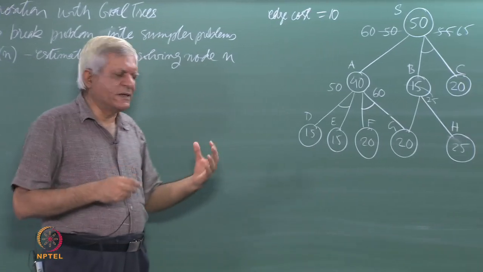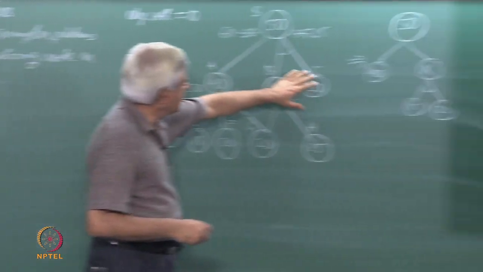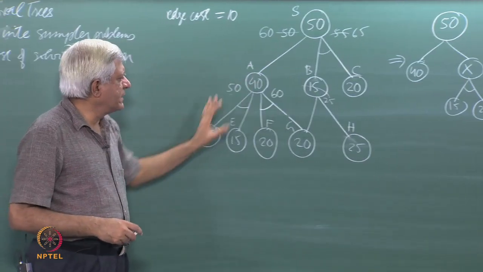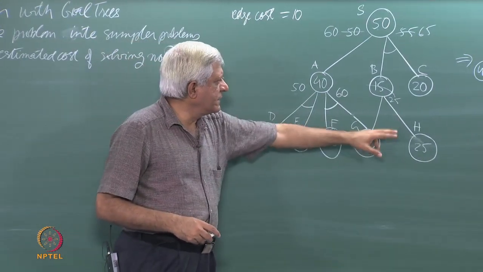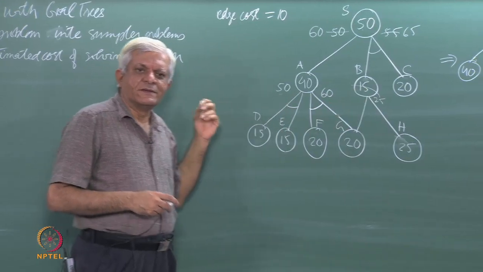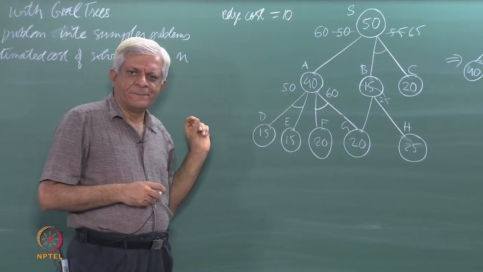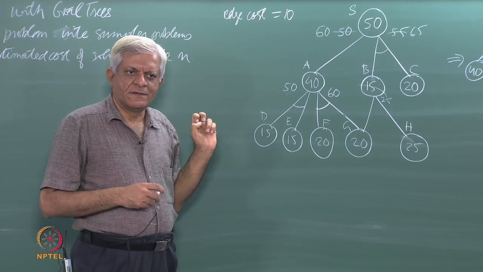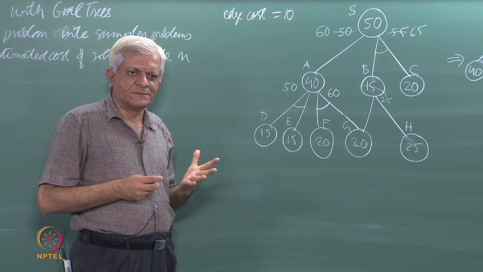So, I have to pick a leaf. C is a leaf, H is a leaf, G, F, D, E. These I have already expanded. So, between D, E, F, G, H and C, which one should be the next node I should expand? Looking at the heuristic values.